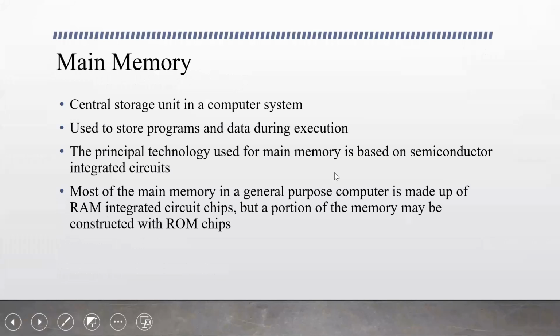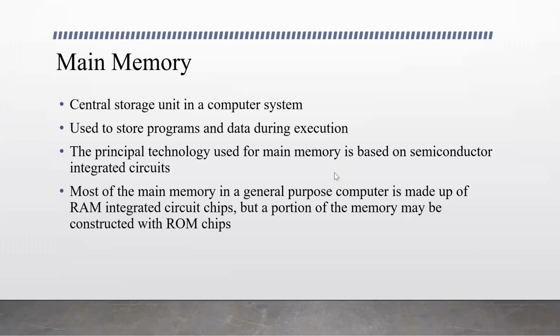Main memory is a central storage unit in a computer system, and it is used to store the programs and data during execution. The programs and data that are currently being executed are stored in main memory, because it is the memory that is directly connected to the CPU.